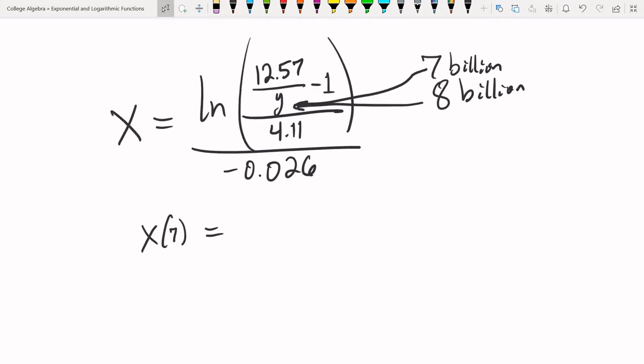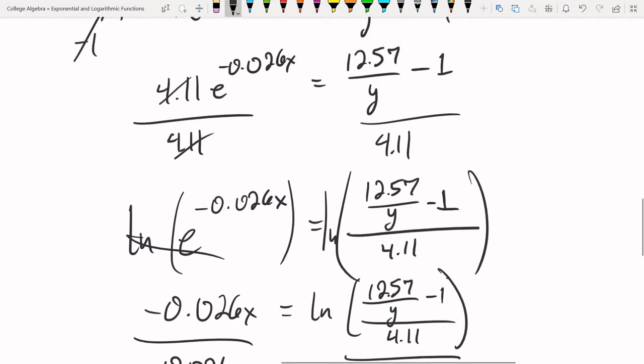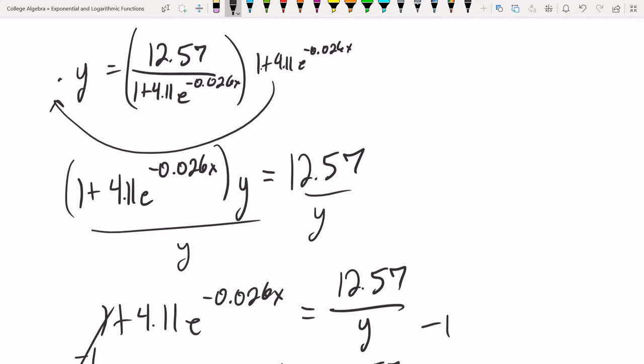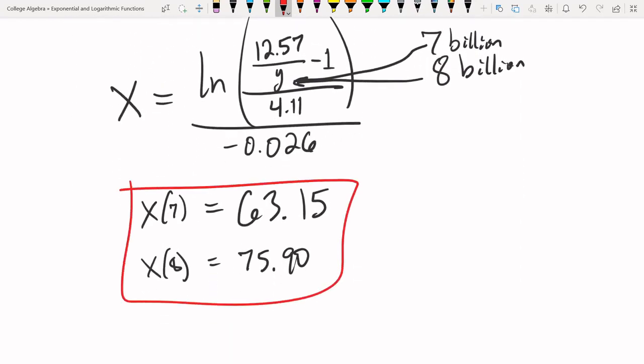All right, for 7 billion people, I got 63.15. And then for 8 billion, I got 75.90. You don't have to do this entire process, but if you don't, you're going to have to do it twice when you plug in the numbers. All I'm doing here is solving for the x variable. That's all I want here. And by doing this whole process, these are the numbers I have.